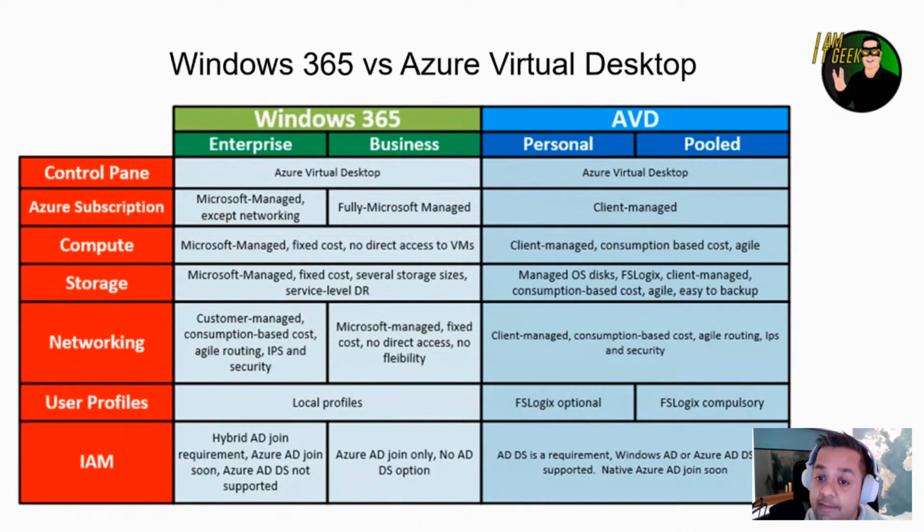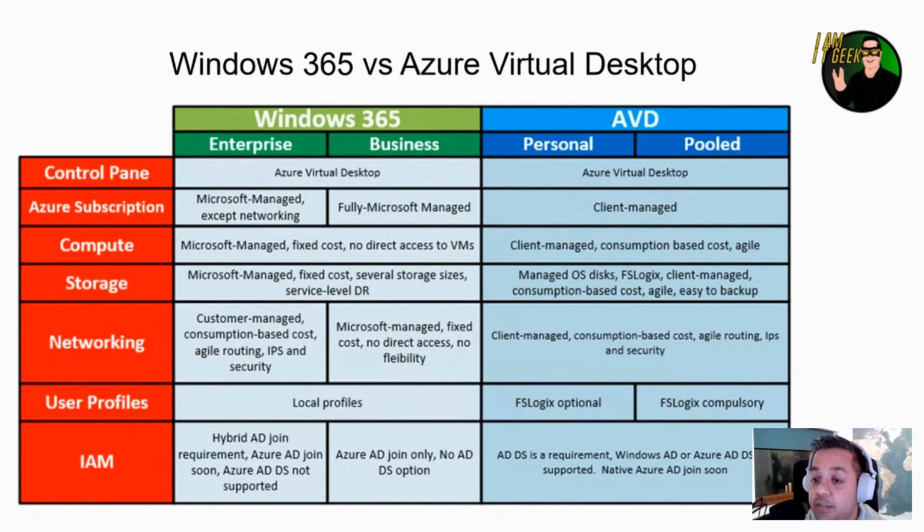From a storage perspective, Windows 365, both enterprise and business. Again, Microsoft managed, fixed costs, several storage sizes, and it's a service level disaster recovery. Whereas if we go across to AVD, they're managed OS disks. You use FSLogix integration with Azure Files to manage those user profiles and if you want any application masking.